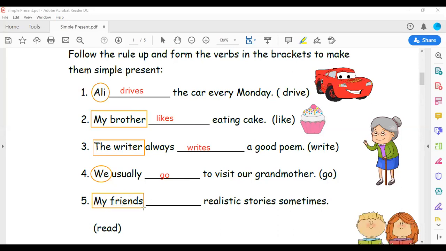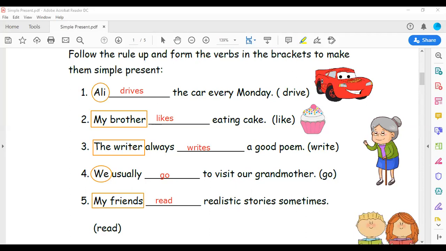Excellent. Is it singular or plural? It is plural because I have the s. My friends, all of them. Okay, so what do I do to the verb? I don't do anything. I just add it. Read. That's it.